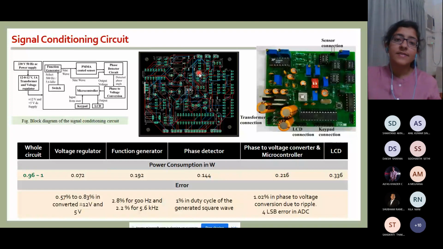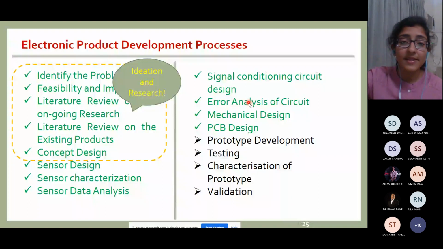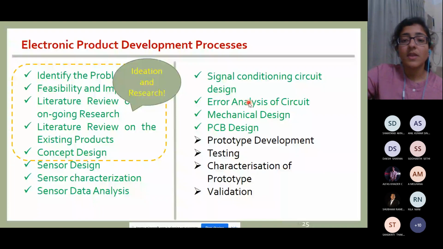These parts are done. After sensor design, we have the signal conditioning circuit. We need to analyze the error of this circuit. You need to anticipate the error that may happen in this IC, and how this error is affecting your result, that also you need to calculate.